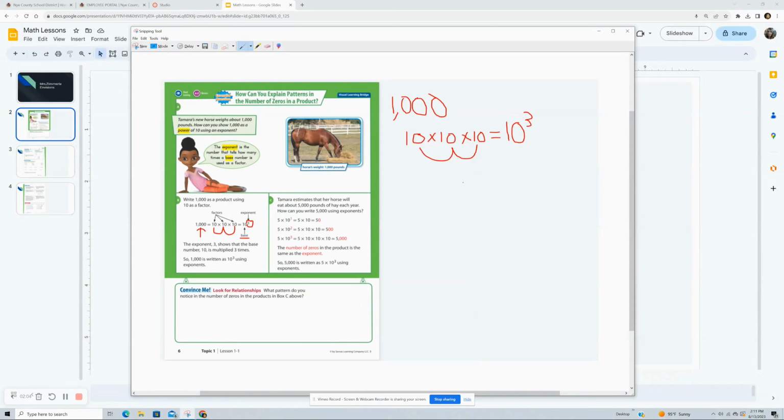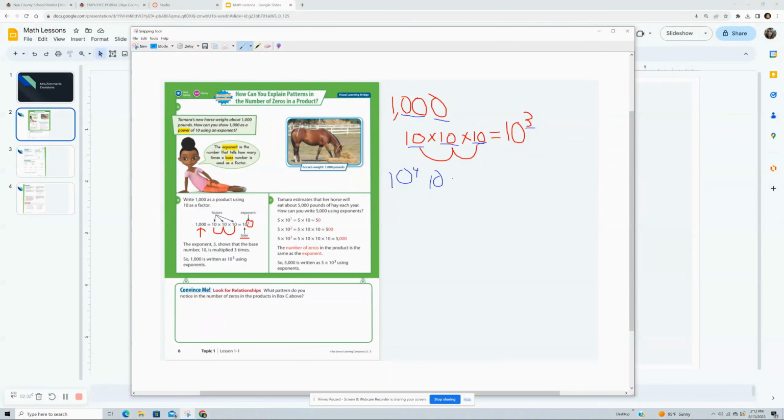To be able to identify different patterns that we notice, can we notice that the exponent 3 is being represented here and here? So what if I have 10 to the 4th power?